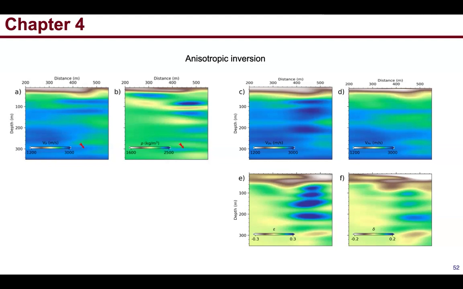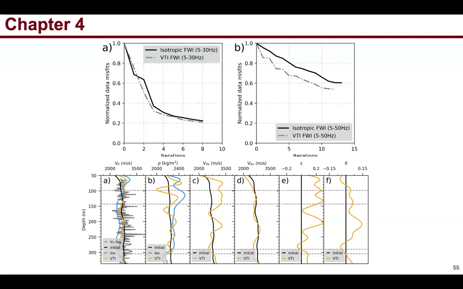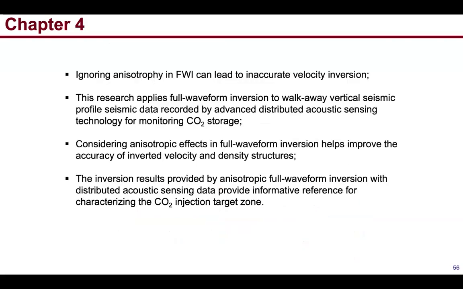Through comparing these figures, we can find the resolution actually improved a lot. These are some comparisons for seismograms and waveforms. And the misfit function dropped with VTI FWI compared to isotropic FWI, and there is some comparison with our well-log data.